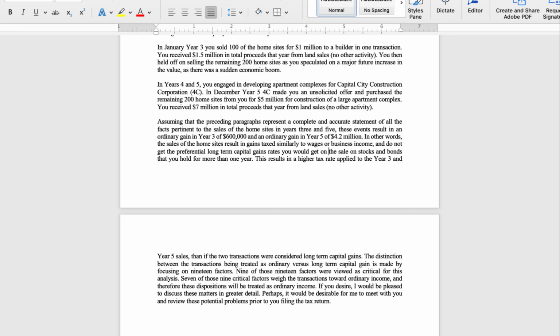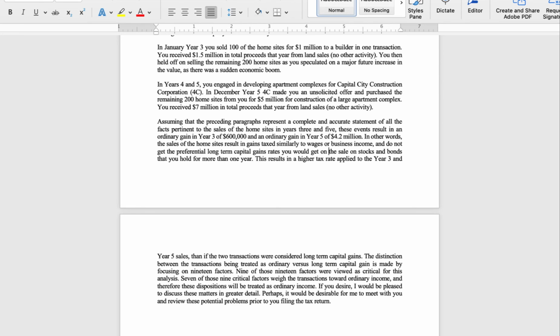That's why we came to the conclusion of long-term capital gain. You should put in there that there is a possibility the Internal Revenue Service could argue that the sales in year 3 and year 5 of these lots could be ordinary gain, because there are still 4 of the 9 factors that weigh in favor of ordinary. That's what you would say if that was the case, but that's not the case here.